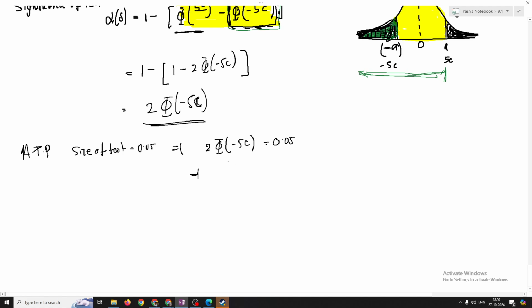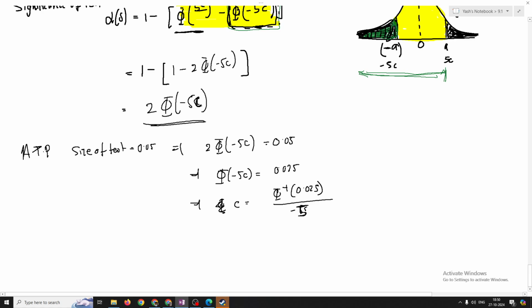Now it's just a matter of simple algebra. Phi of minus 5c should be equal to 0.025, and c is then phi inverse of 0.025 divided by minus 5.